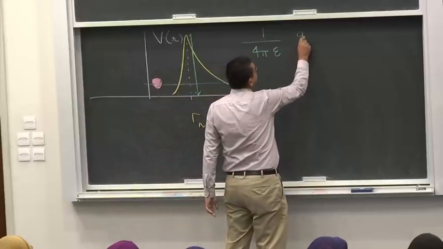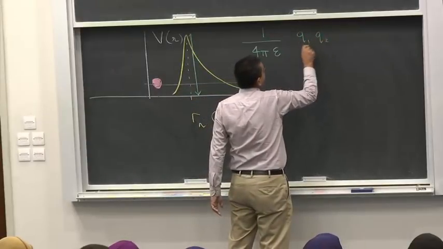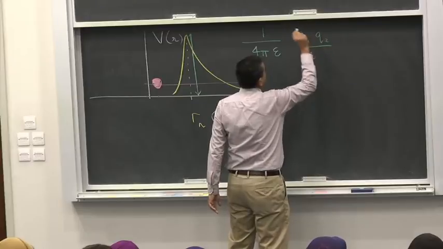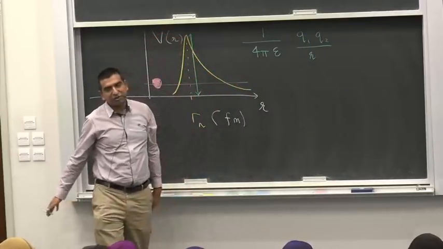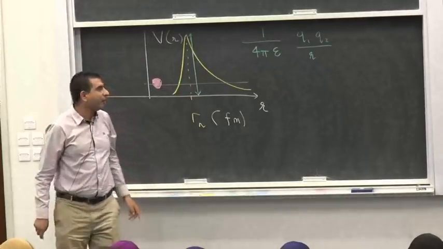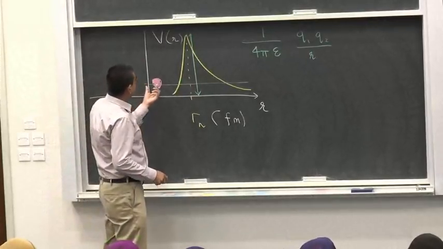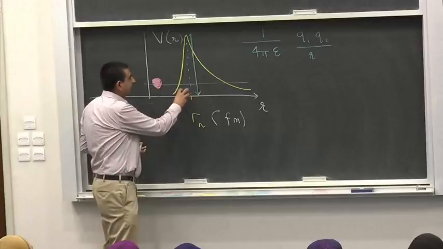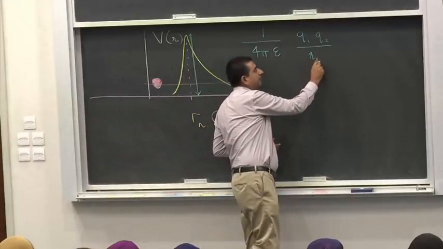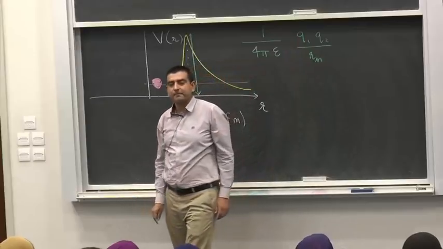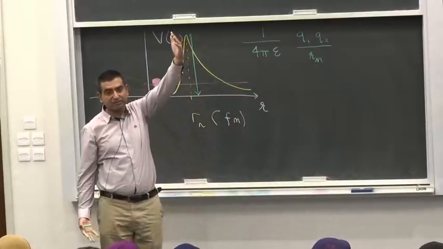Then you have two charges, Q1, Q2, and you have R. So this is the magnitude of this potential energy when the alpha particle is at this location Rn here. So this is the potential barrier.